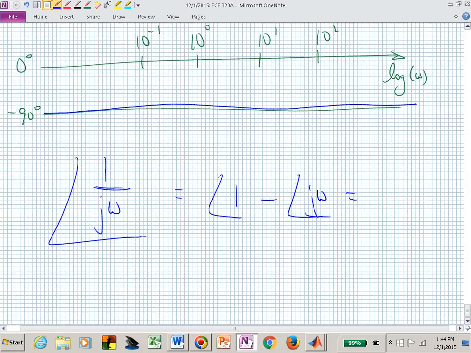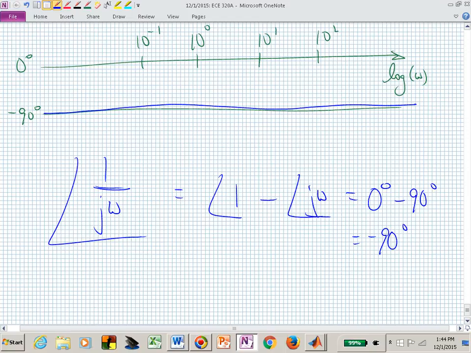What's the angle? 0. What's the angle of j? And I'm subtracting that because it was downstairs. So do you see where that minus 90 is coming from for all frequencies?